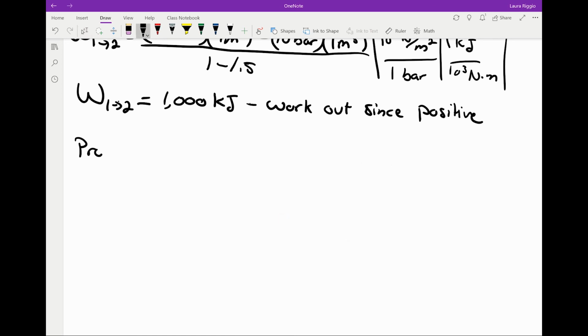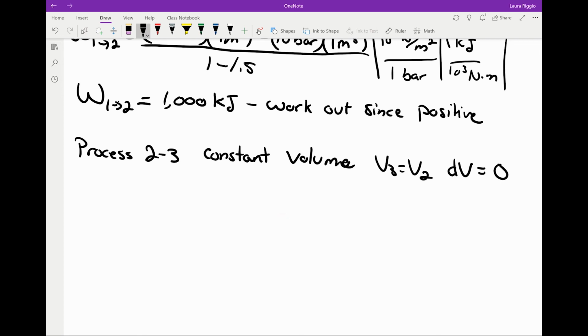So then we have process 2 to 3, which is constant volume. So V3 is equal to V2, so delta V is equal to 0.